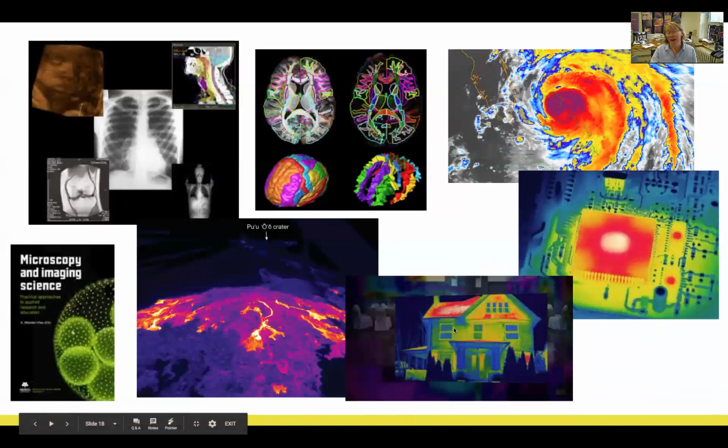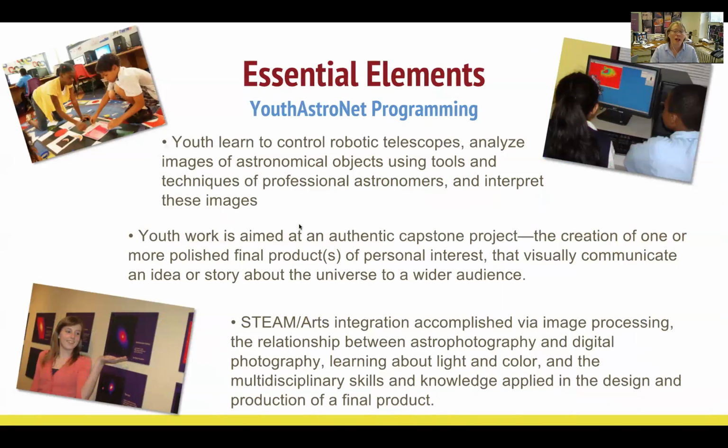If you're someone monitoring the energy efficiency of homes, you might use a thermal camera and you want to process the image to show which parts of the house are emitting the most heat. The weather images you see on the nightly news of hurricanes have all been processed using the same skills you use with YouthAstroNet.